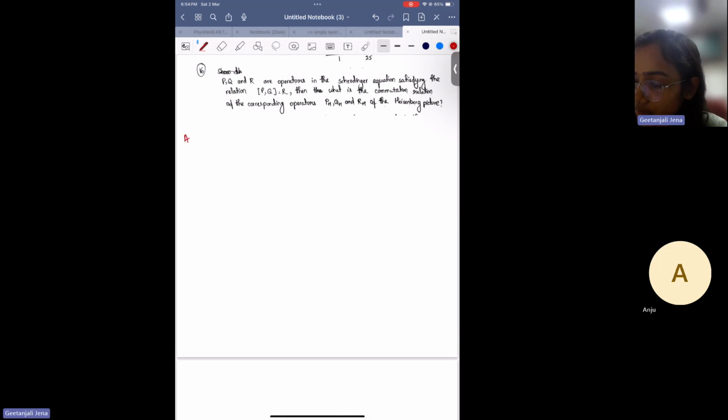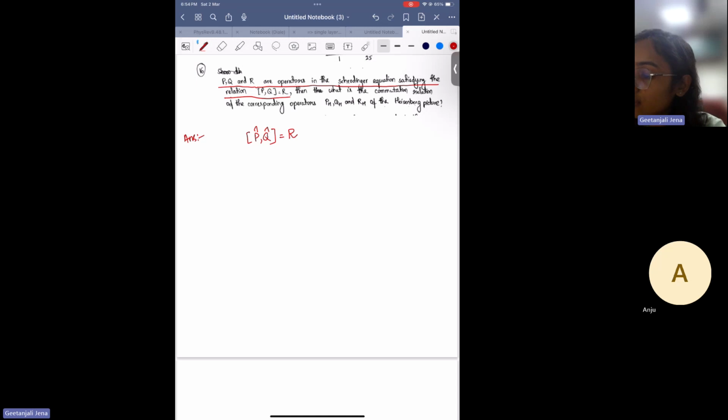It is given to us that P, Q, and R are operators in the Schrodinger picture satisfying the commutation relation [P, Q] equal to R.